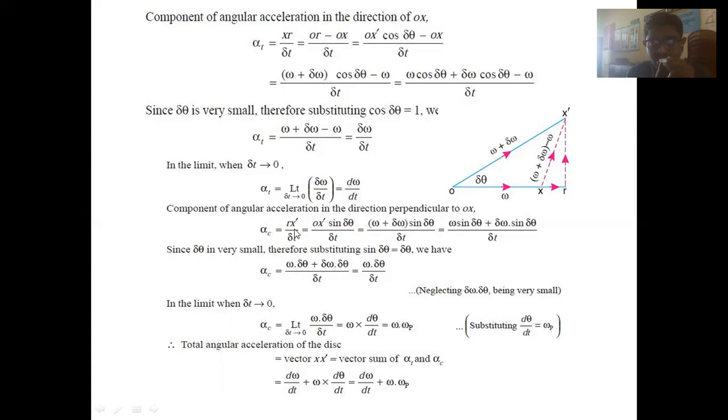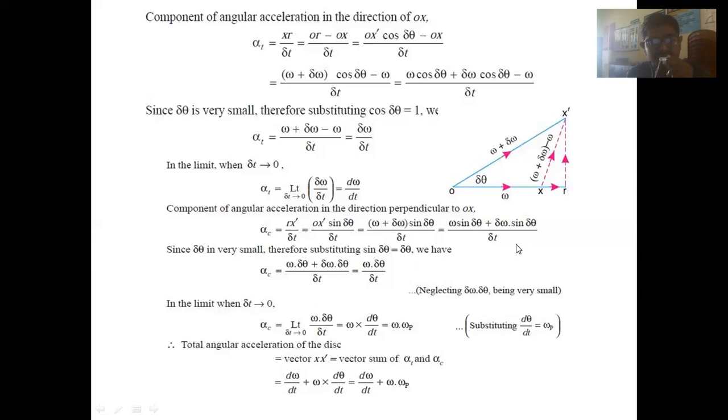That is equal to, from this right angle triangle, rx dash is OX dash sine delta theta by delta t. So I substitute here OX dash is equal to omega plus delta omega, and I multiplied here like this.